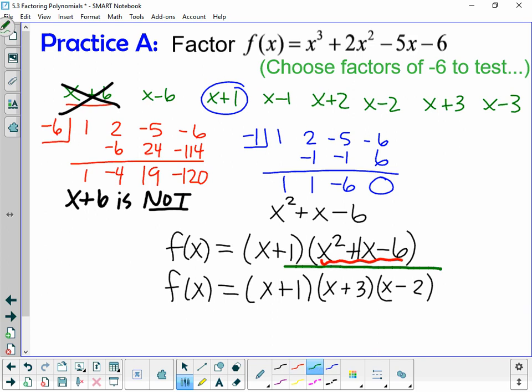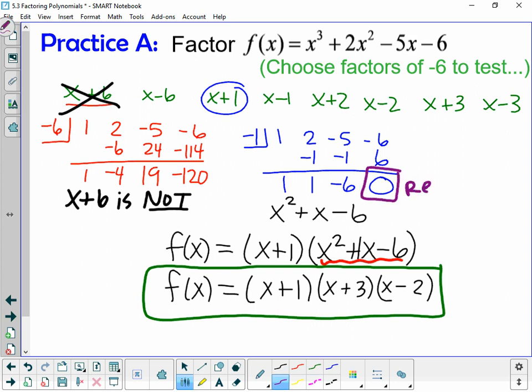Okay, so we have factored the polynomial. Again, that process was we just chose some factors to test until we found a remainder of 0. That told us we found one factor. We used the result of the division to find the other 2 factors.